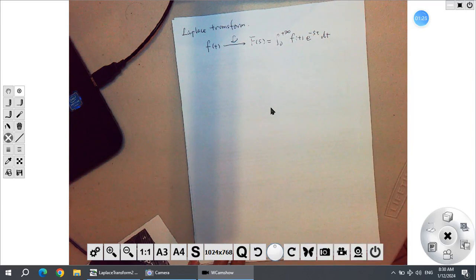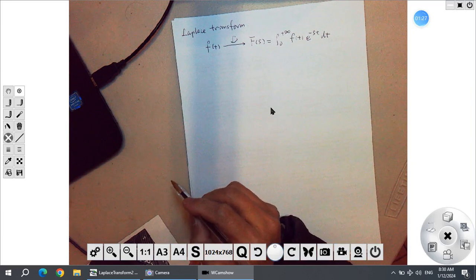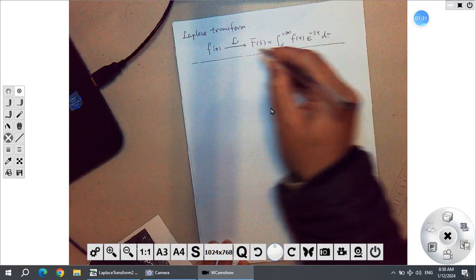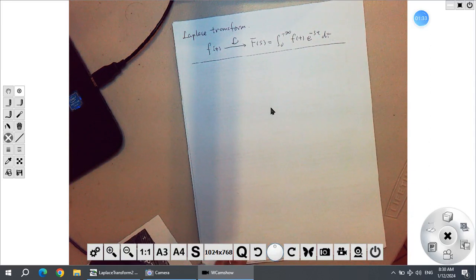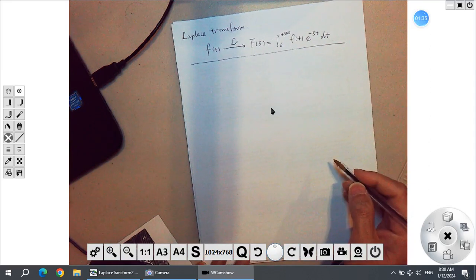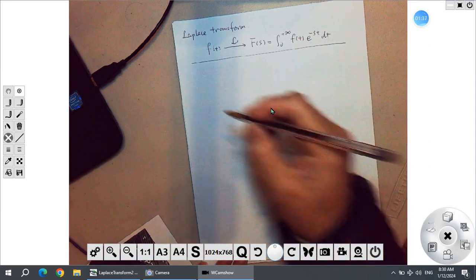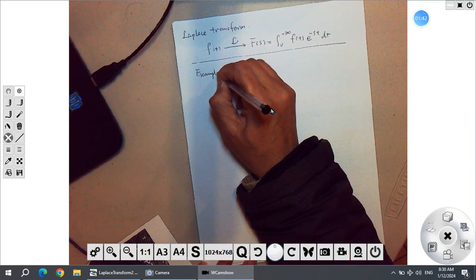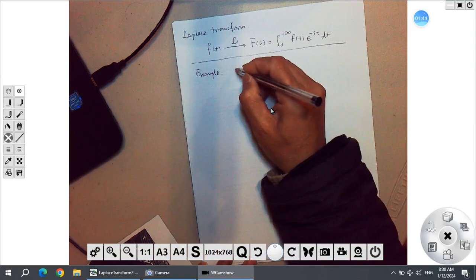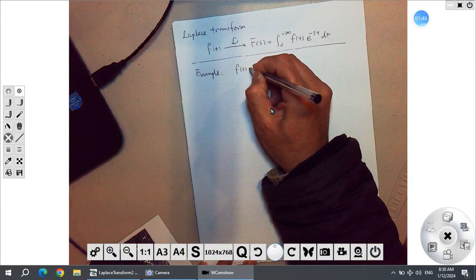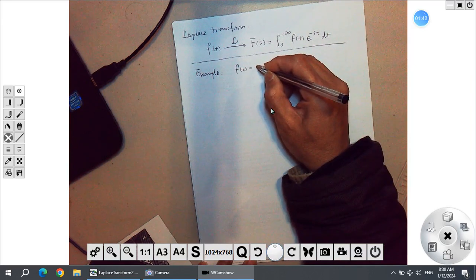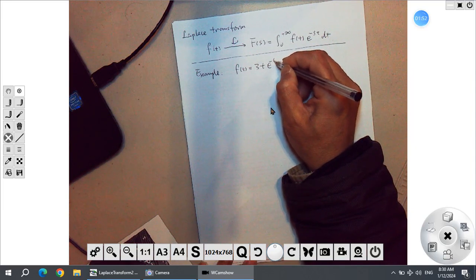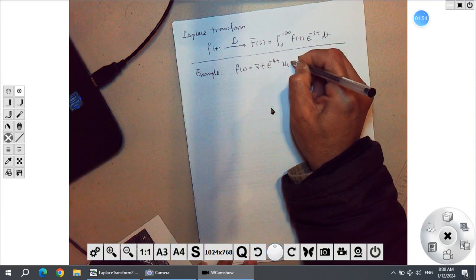All right. Now we have two tables. We can find the Laplace transform by definition or by the tables. Now we can consider some examples, like f of t equal to 3t e to the negative 4t u of t.